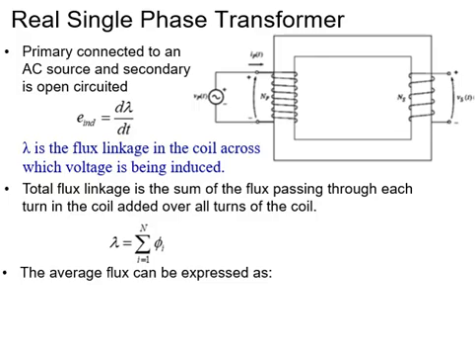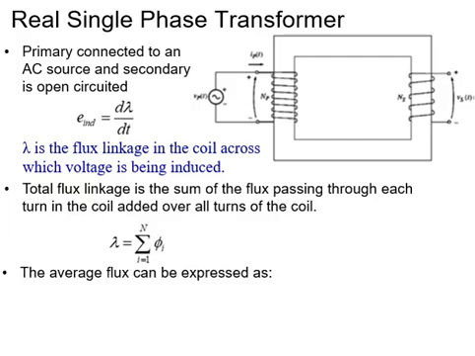But we know that the total flux linkage is the sum of the flux passing through each turn in the coil, added over all turns of the coil. Let's suppose one turn has flux lambda 1, another turn has lambda 2, and a third turn has lambda 3.